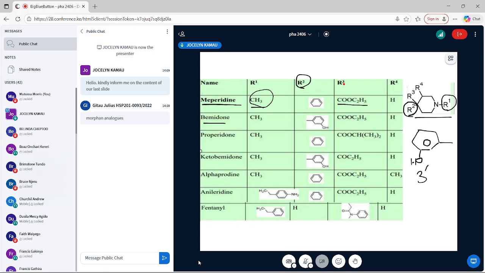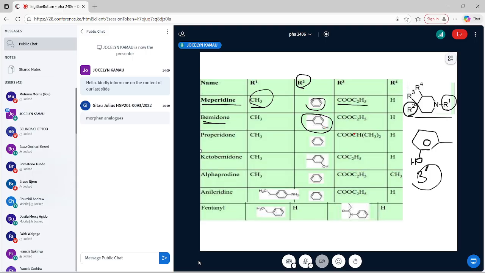In meperidine, you can see position 3' does not have a group, because this is only a phenyl group. But we did mention that, just like all the other morphine analogs, we can have a hydroxyl group at position number 3. When you introduce a hydroxyl group at position number 3, the resultant compounds are called bemidones. So bemidones are where the phenyl ring has been substituted at the meta position.